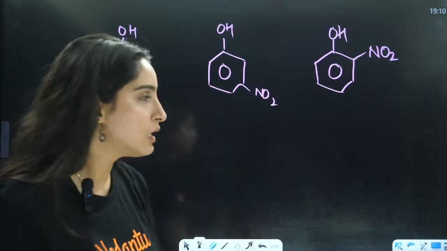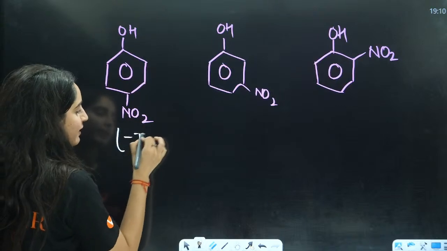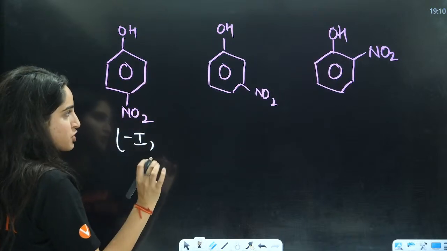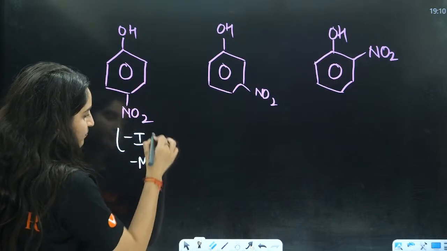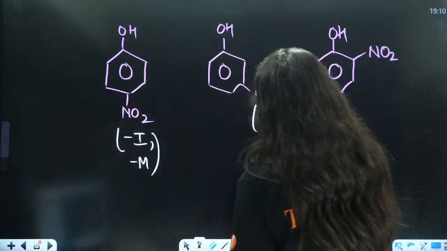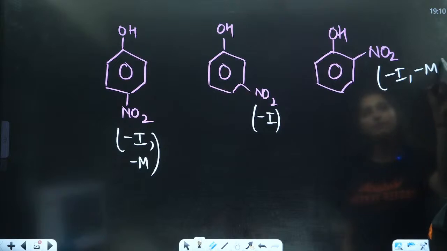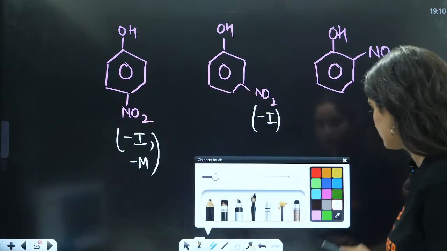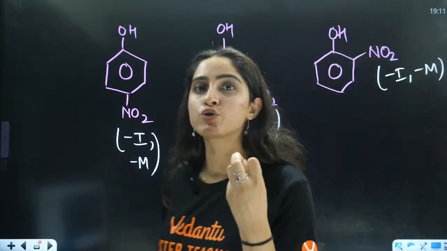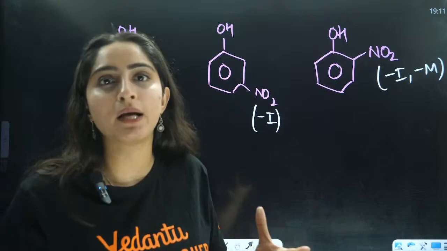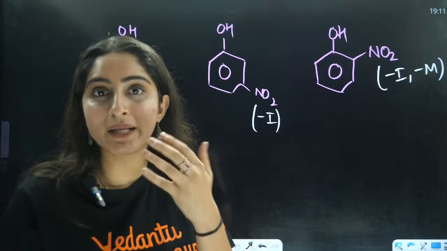Now here, because this is connected to nitrogen, it is showing minus I, and at the para position NO2 is also having minus M effect, so it is showing minus I and minus M. Now see, the more the electron withdrawing effect, the more stable will be the carbanion, and the more acidic will be that thing.